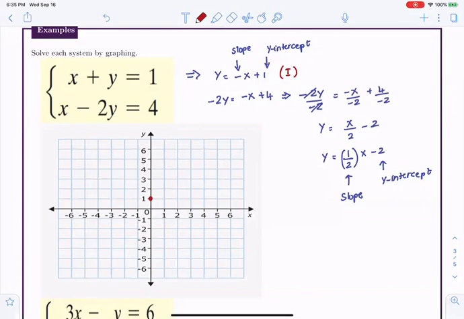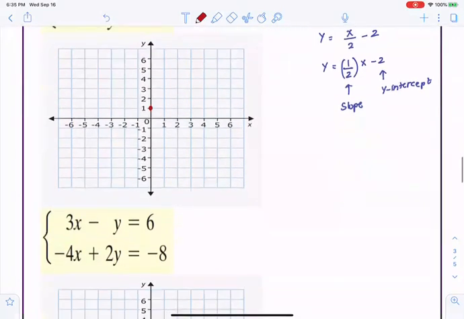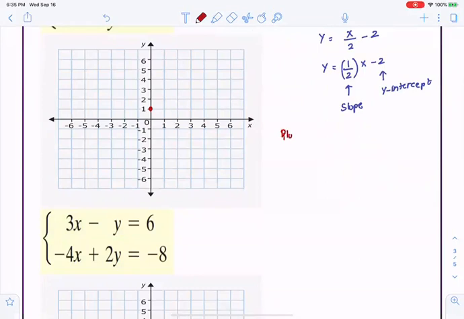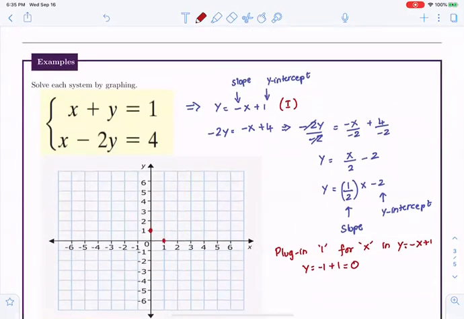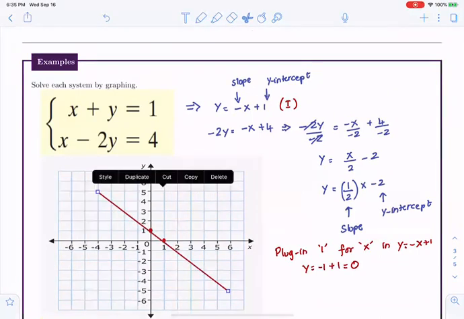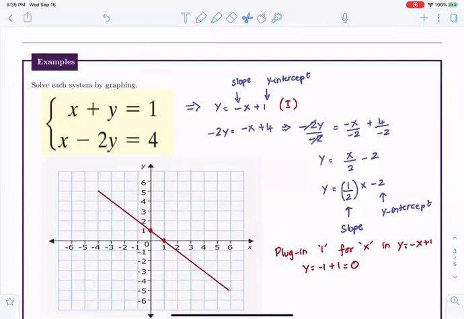If I plug in 1 for x in the first line, y would be equal to 0. Okay, so that is the first line.